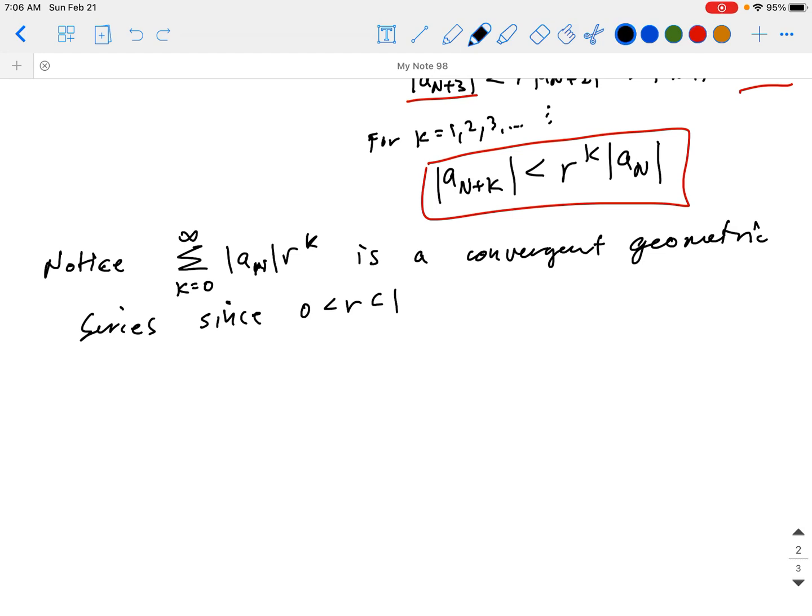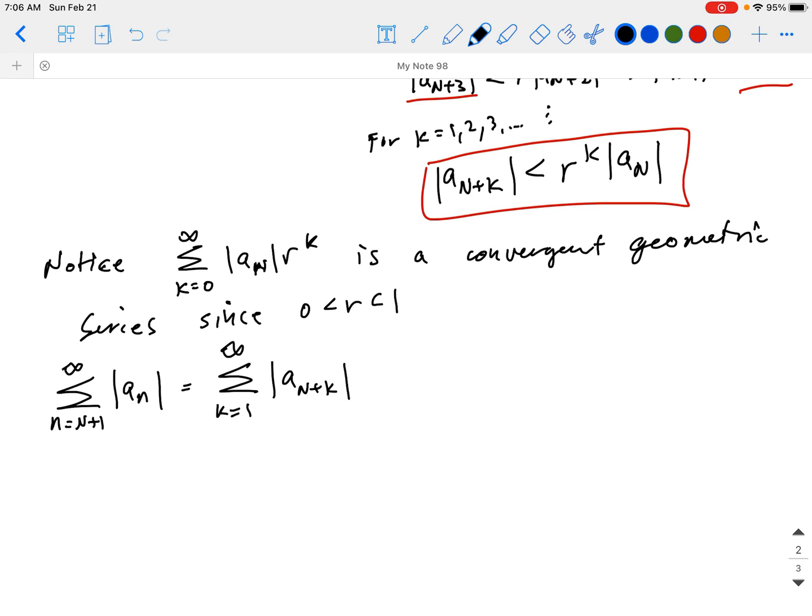What we'll note here is that we can rewrite our series in a particular way. If we took the series from the N plus 1 term to infinity, that's the same as saying k equals 1 to infinity of a sub N plus k.